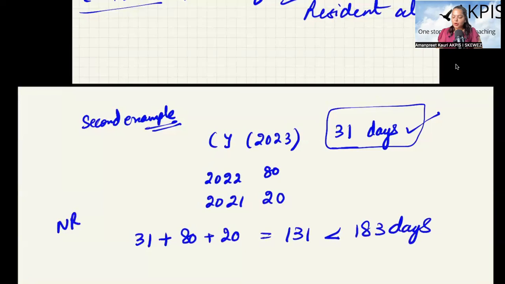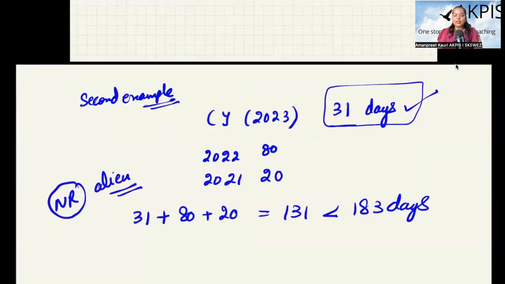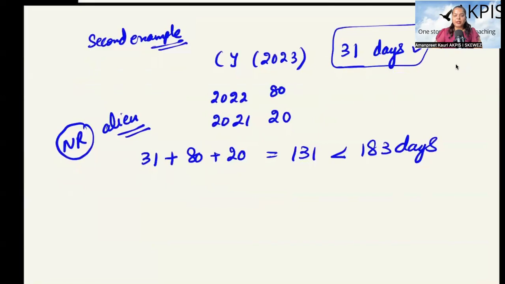Straight away, non-resident alien. So if a person is a non-resident, he is supposed to pay tax only on income earned in the United States of America, not on worldwide income, but only on the income which is earned in the US or business connected within the US, right?